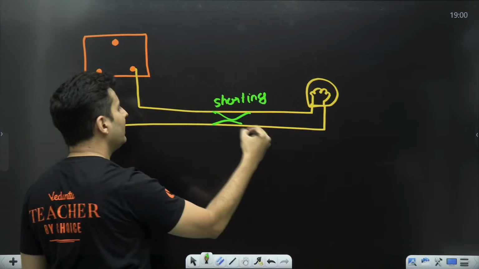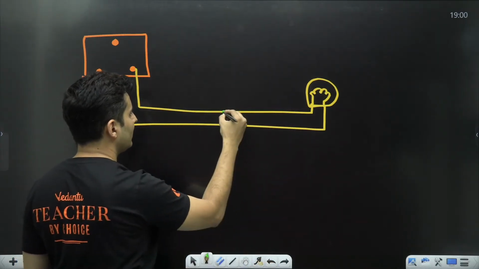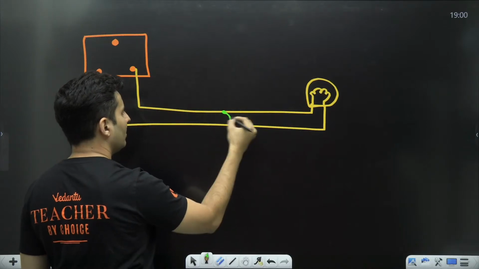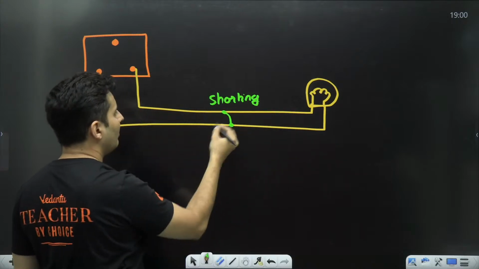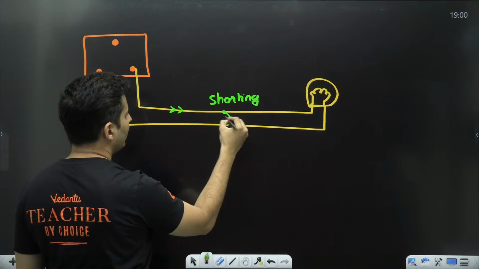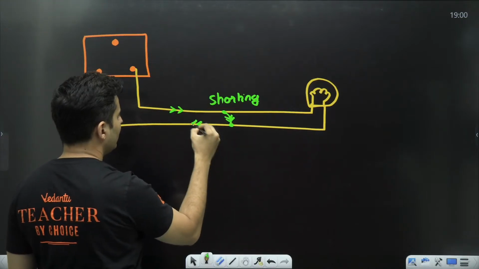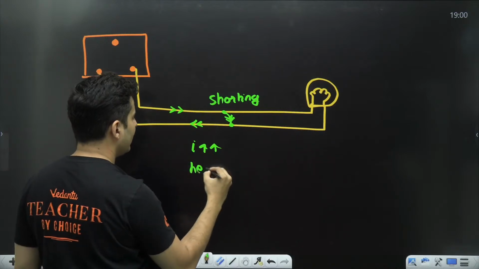Shorting means connecting 2 points. By chance, if you connect this point over here, that is basically called as shorting. And once that happens, no current will go through the bulb, everything will go here. And once all the current passes from here, there is a lot of current. The current increases drastically. It gets heated up.